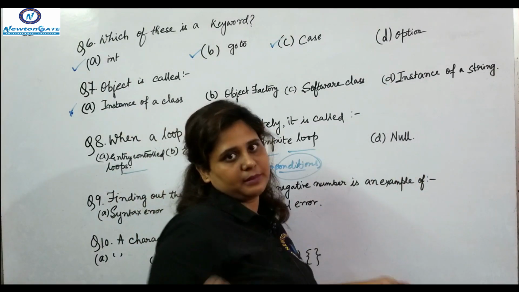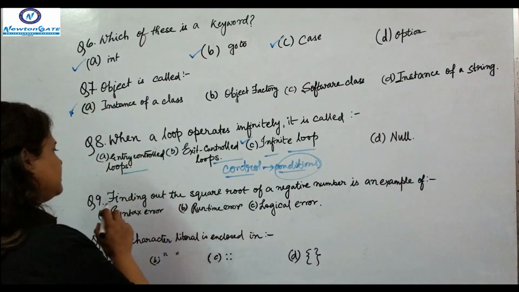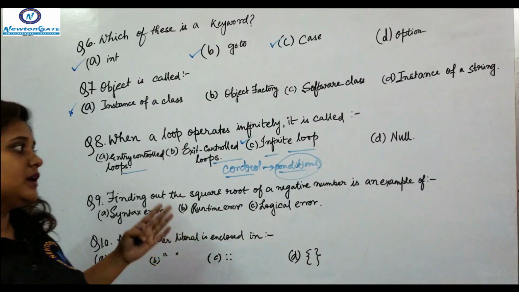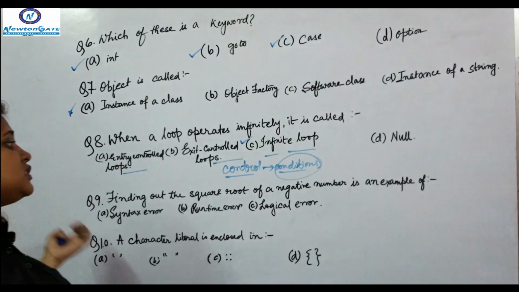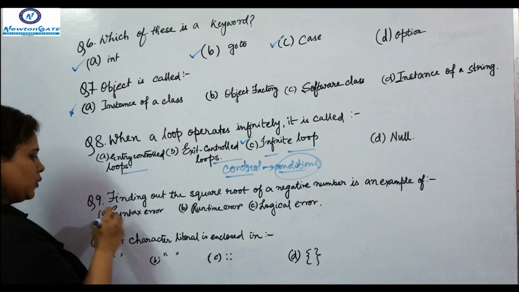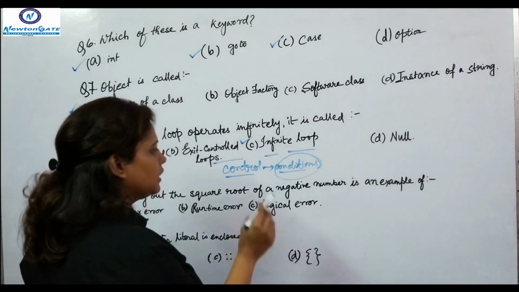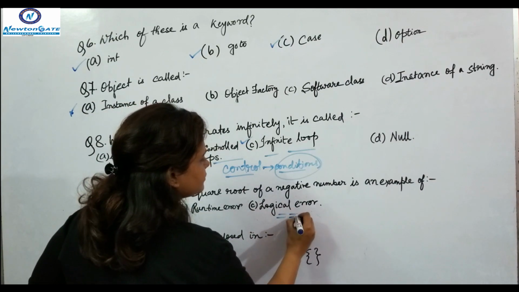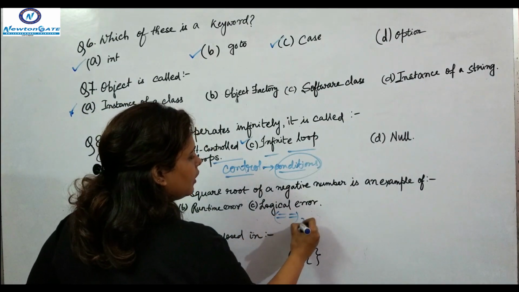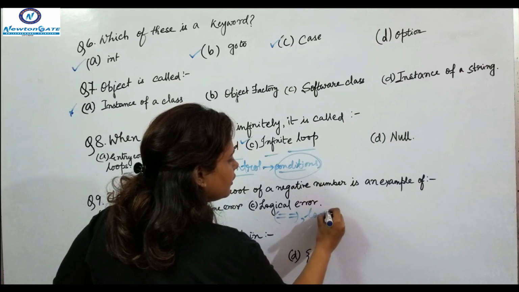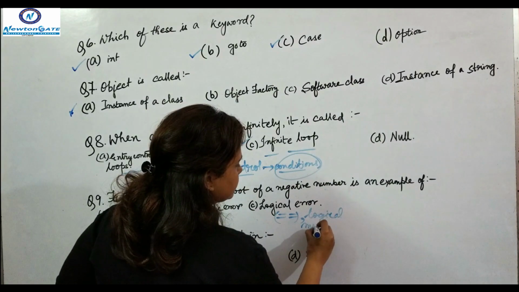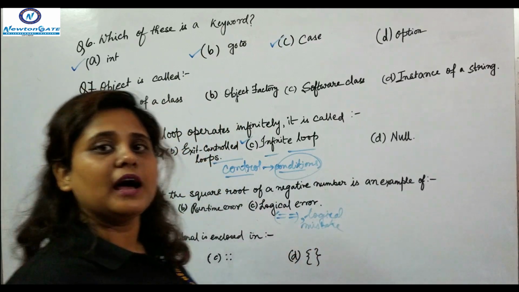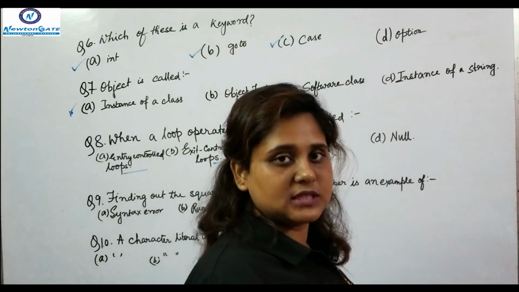And null means empty or nothing, okay? The second last question is finding out the square root of a negative number is an example of which type of error? Is it syntax? No. Is it runtime or logical? It is not a logical error. Logical error is somewhat like an equal to error or any kind of logical mistake, okay? So here we do not have such kinds of logical mistakes going on.